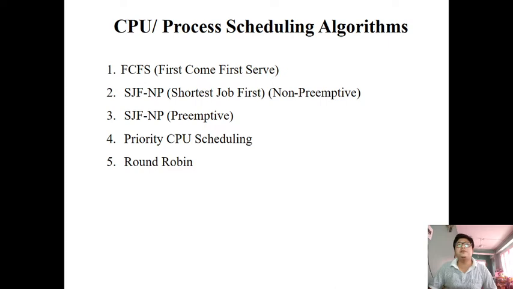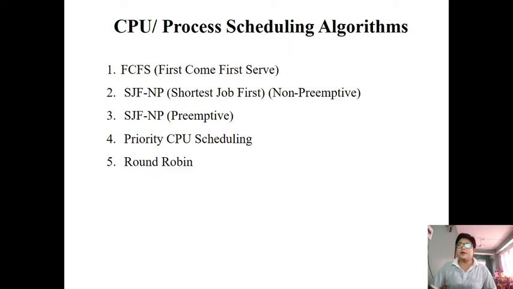Some of the scheduling algorithms we have already seen, although I will be doing a revision of the same. Some of the very common CPU scheduling algorithms are FCFS and SJF. FCFS stands for first come first serve. SJF stands for shortest job first. There are two versions of shortest job first that I will explicitly cover in today's session.